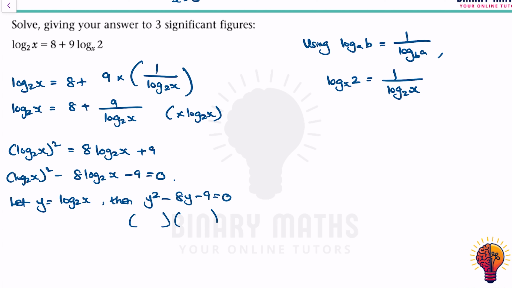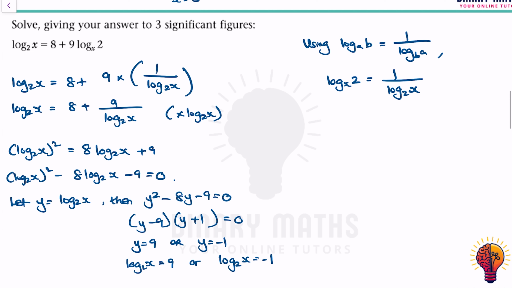If I factorize it, I've got y minus 9 and y plus 1, which means y is equal to 9 or y is equal to negative 1, which means log base 2 of x must be equal to 9 or log base 2 of x is equal to minus 1.